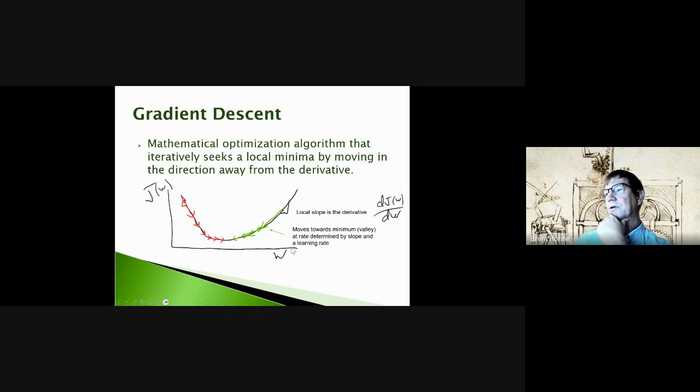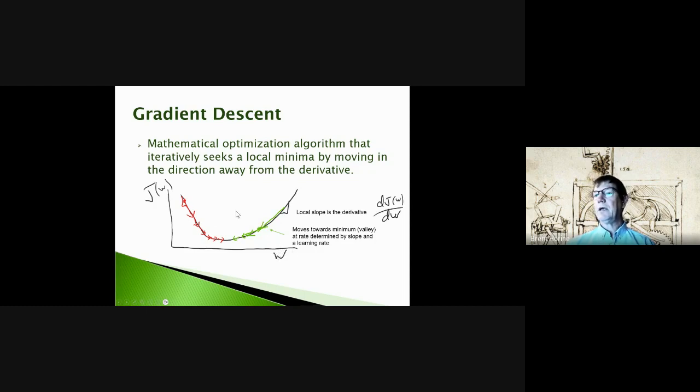But that's also going to be scaled by some learning rate, okay? Because we're just getting a slope here. It's not an answer to stick us right at that local minima where that cost is lowest. So we're going to move some distance, and then we're going to do it all over again, right? But now our weight has been updated, right?